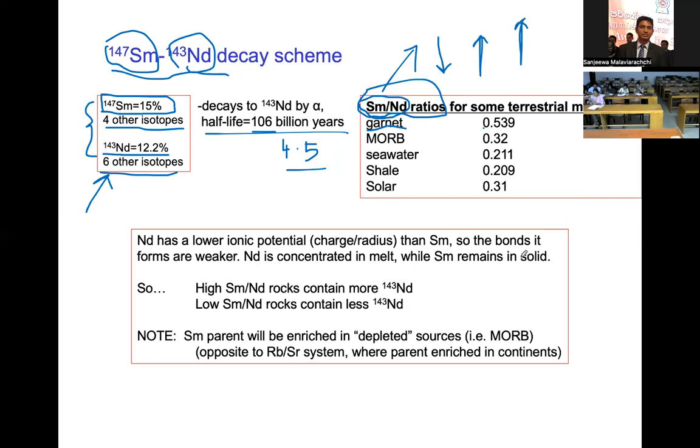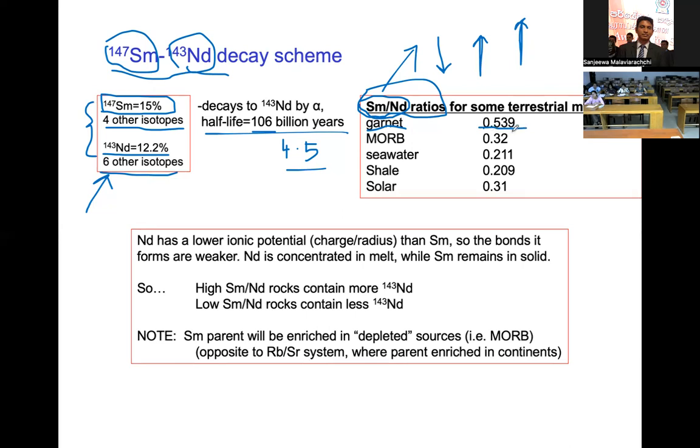Rubidium decays into strontium, so strontium is accumulated a lot in micas. So like garnet, which contains a lot of neodymium, remember for rubidium strontium dating, if I haven't mentioned it at that time, micas are preferentially used in rubidium strontium. Okay, so garnet is used in the samarium neodymium system because of this feature.